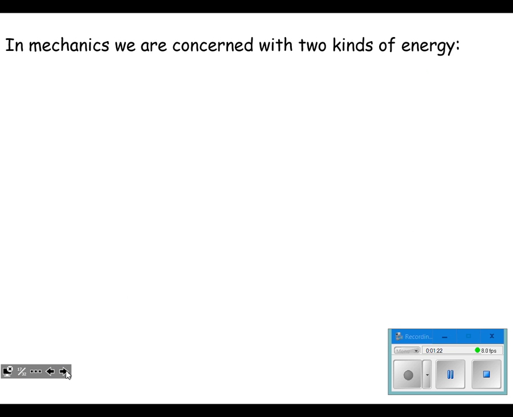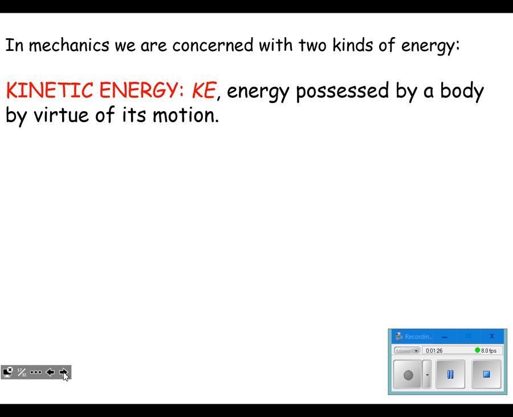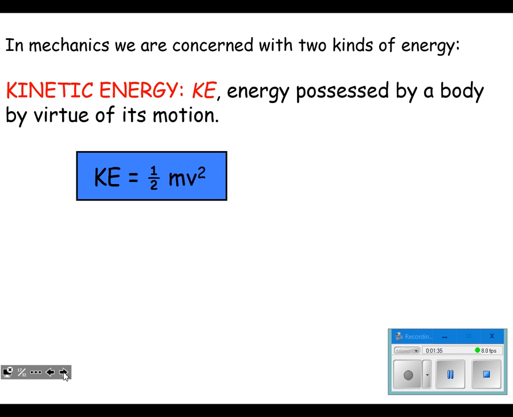All right. So in mechanics, like our class, we are concerned about two kinds of energy, and those two kinds of energy are kinetic energy, which is energy possessed by a body by virtue of its motion. Really, kinetic energy is all about motion. When we talked about kinematics, we were talking about moving objects. So kinetic energy's formula is KE equals 1/2 mv squared. Mass will be in kilograms, velocity will be in meters per second.